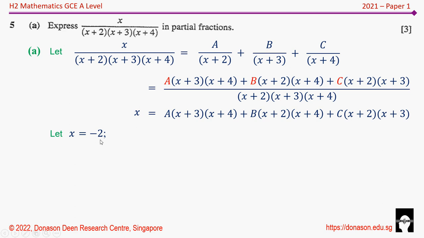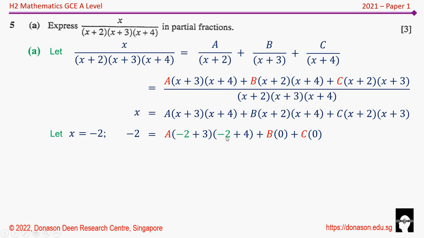So let us now substitute the x with minus 2. So x is minus 2, and I'm going to write it as a times (minus 2 plus 3). And then for the second bracket, it's minus 2 plus 4. And as I have mentioned earlier, the b will be multiplied by a 0 and c would also be multiplied by 0, so we can ignore the b and c. So minus 2 plus 3 is going to give you a 1.